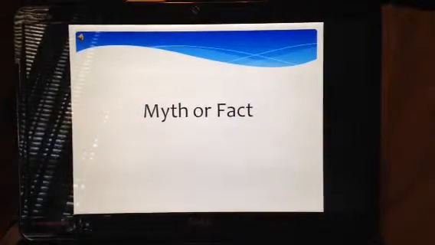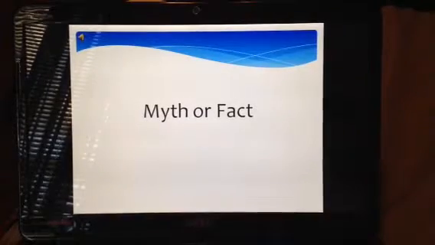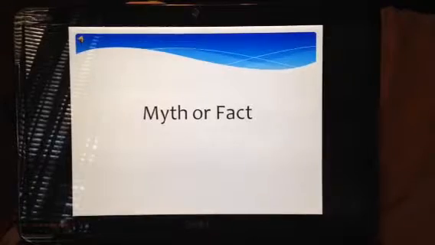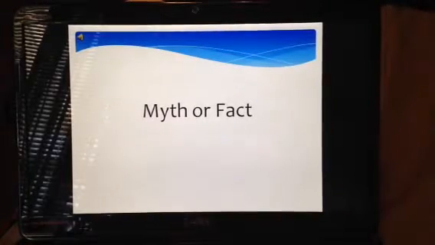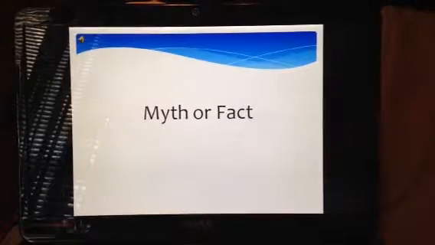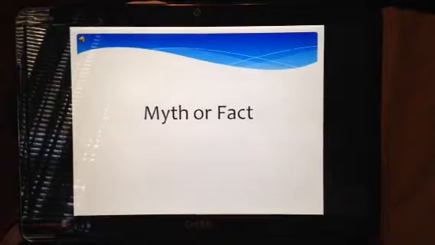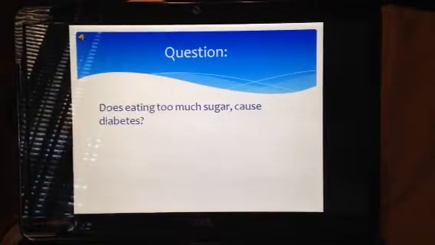Our next few slides start our group discussion and debate questions, which cover objective 2, called myth and fact. I will ask a series of questions and the students will discuss and debate them aloud. Question 1.